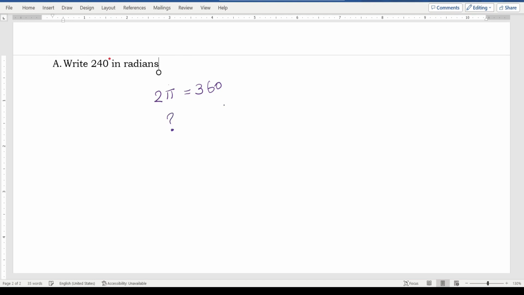Then how many pi will be equal to 240 degree? Whenever a question is like this, it is very easy: 2 pi divided by something we should know equals 360 divided by 240. Let us say this is x.